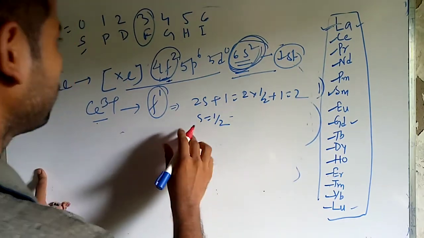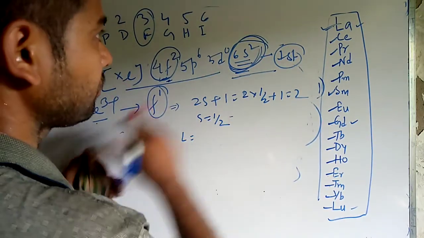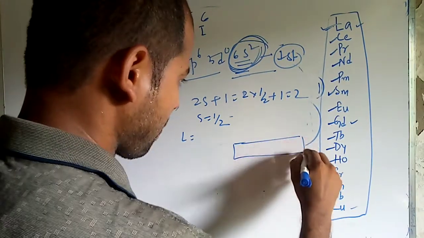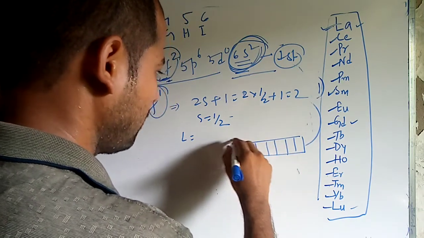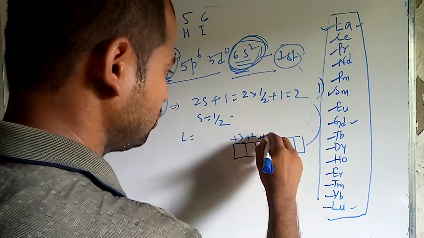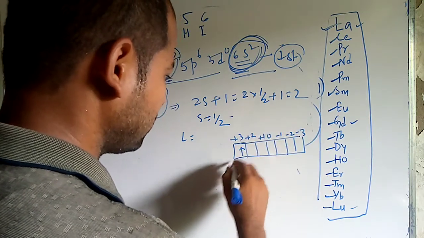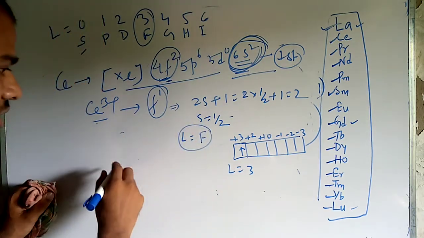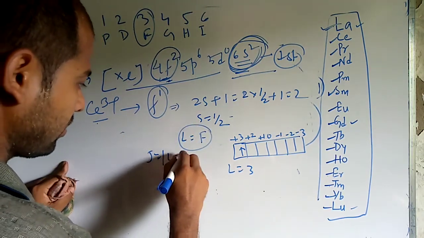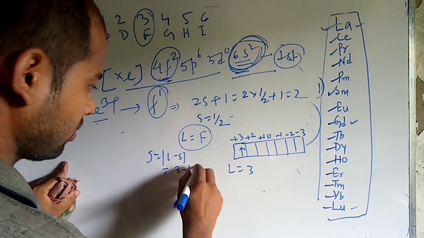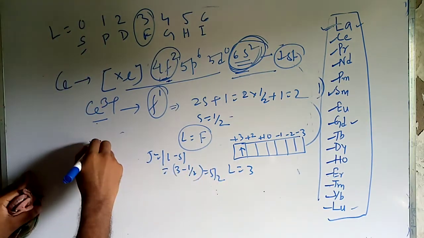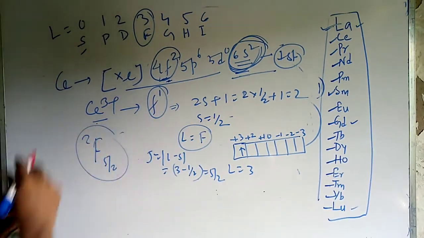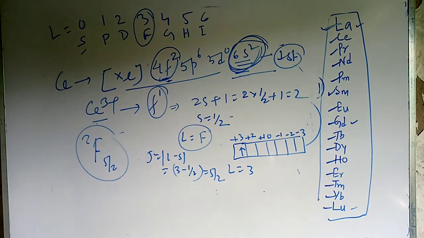And L: if you draw out the f orbitals, 3, 2, 1, 0, minus 1, minus 2, minus 3, with 1 electron present here, L equal to 3, which is F. J equal to L minus S, 3 minus half, is 5 by 2. The term symbol will be 2F5/2. This is the term symbol of cerium 3 plus ions.